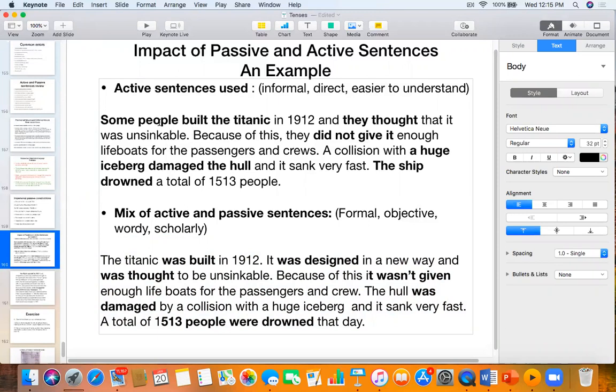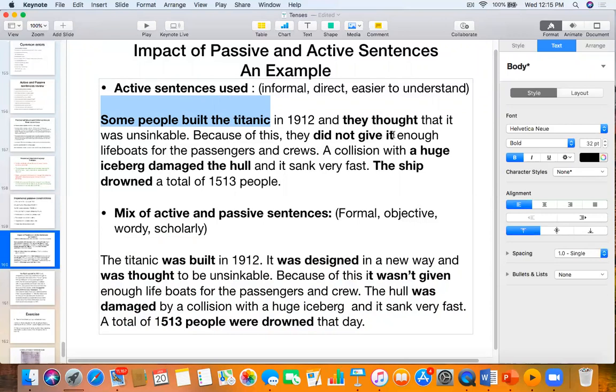Because of this, they did not give it enough lifeboats for the passengers and crew. A collision with a huge iceberg damaged the hull, and it sank very fast. The ship drowned a total of 1,513 people.